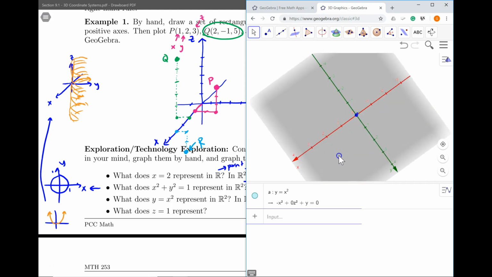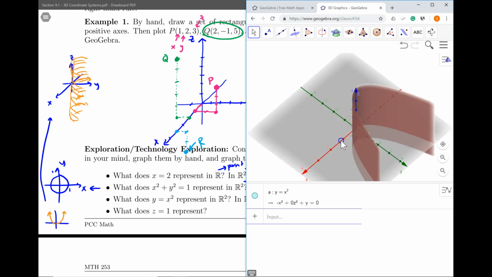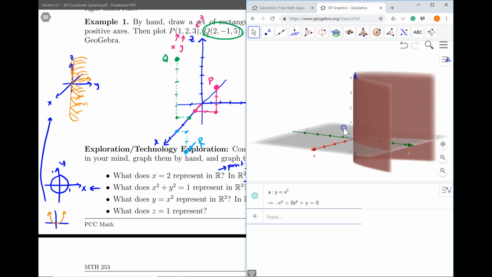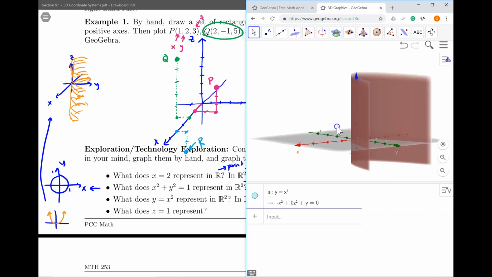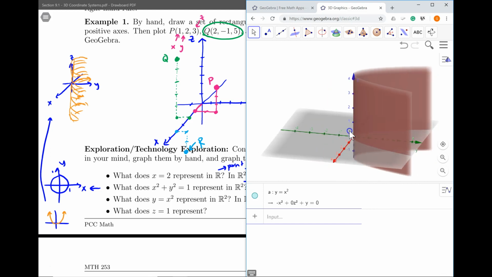If we hover over the z-axis, we can see that xy coordinate plane and the two-dimensional projection on it, and see that it's a parabola. And if we keep that perspective of seeing the z-axis, we can see this parabolic sheet, I guess you could call it.